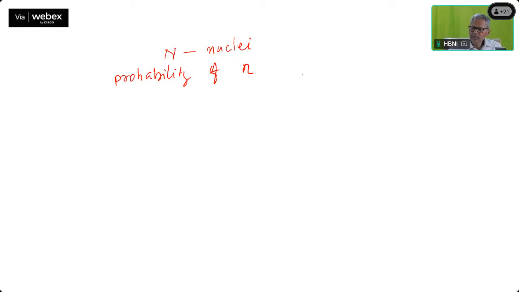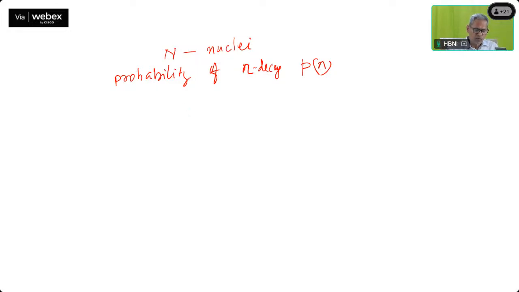What we want to calculate is basically P_n. And we assume that the decay probability is independent for each nucleus. If you have N nuclei, you want to calculate the probability of n decays, P_n.